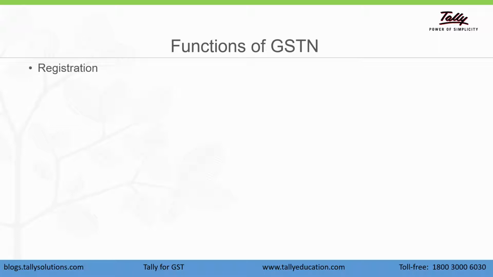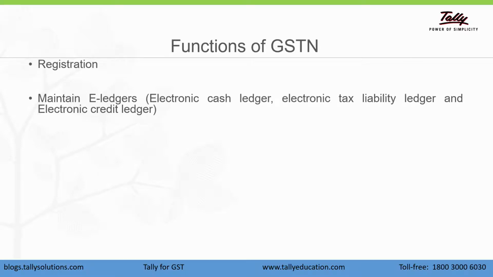GSTN will facilitate registration of dealers under GST and related services, including new enrollments and transition of existing taxpayers. GSTN will store the e-ledgers of all taxpayers, that is, the electronic cash ledger, electronic tax liability ledger, and electronic credit ledger.